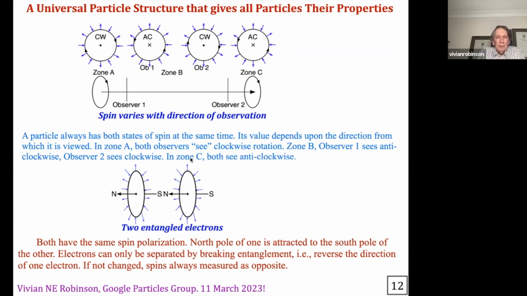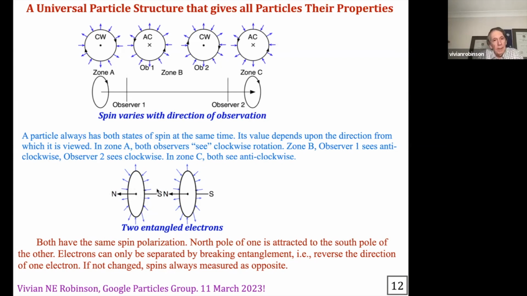That also brings us to a case of what happens when particles become entangled. Well, you take this situation when two electrons get close enough to become entangled, the only possibility you have is that the north pole of one is attracted to the south pole of the other, and they'll just stay that way. Now, the only way you can break that entanglement is to apply an H bar twist to one of them.